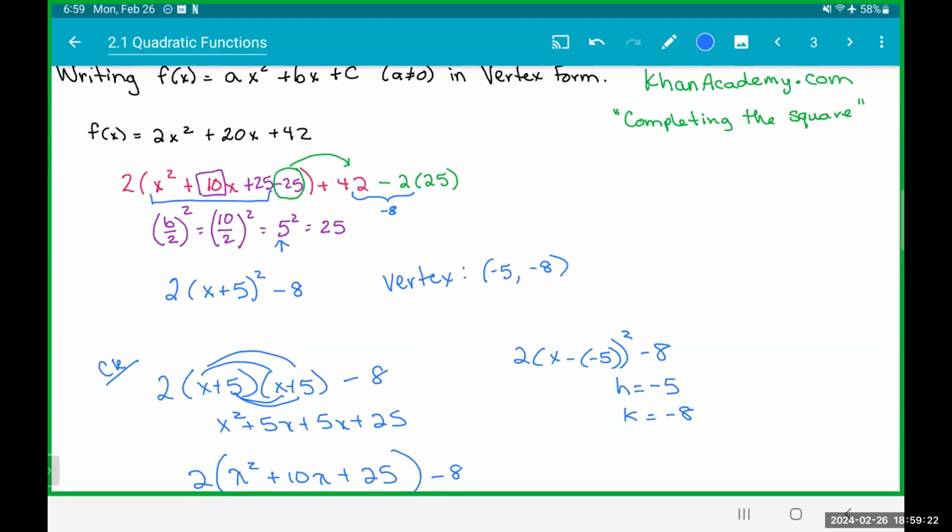Okay, question. I have a question. Sure, go ahead. How did you get to x plus 5 squared? Yeah, like how did you go from x squared plus 10x plus 25? How did you go from there? So this tells us what the number that goes right here is.